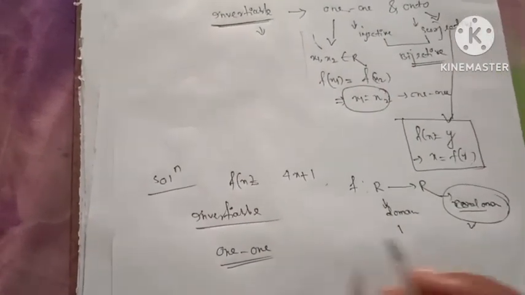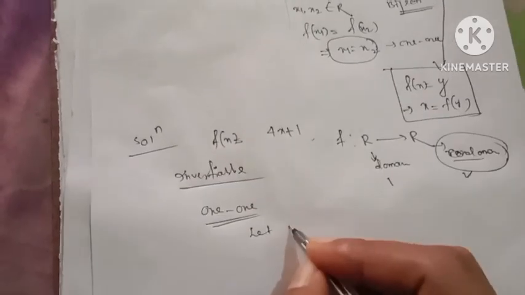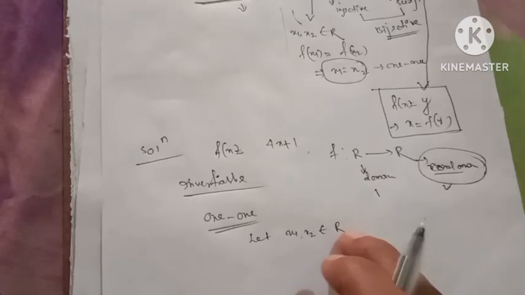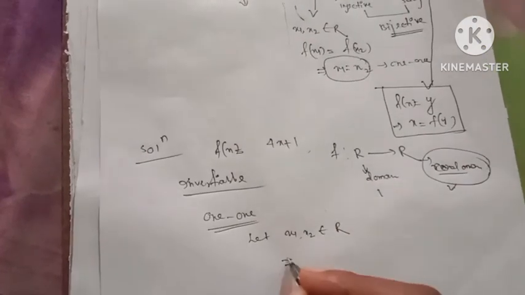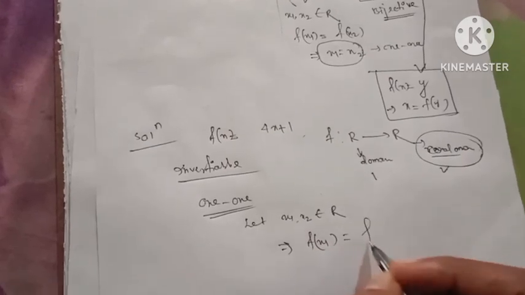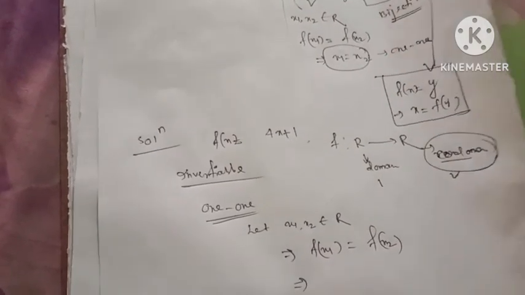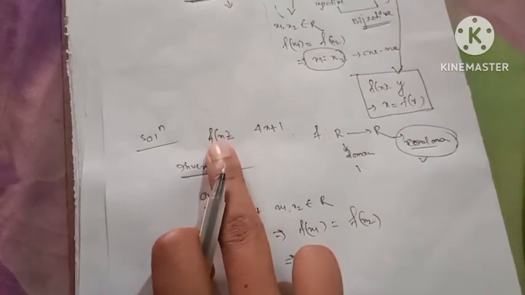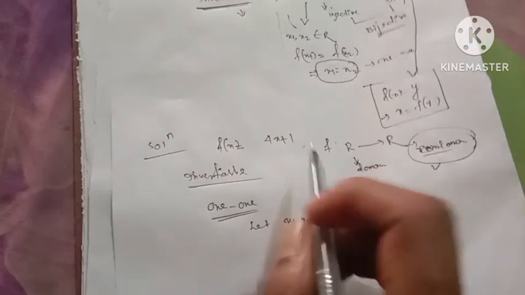How is it one-one? Suppose x1 and x2 belong to R. R means the domain. Suppose f of x1 equal to f of x2. What is the value of f of x1? We know that f of x is equal to 4x plus 1.